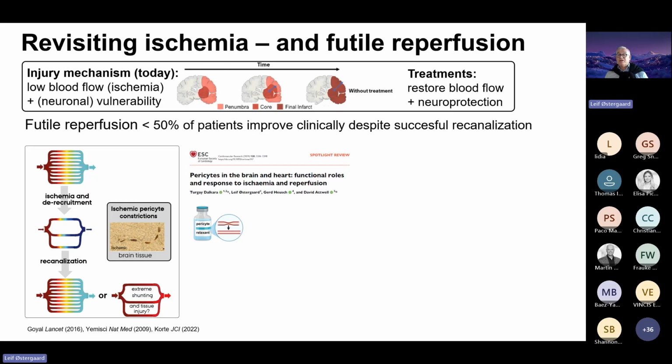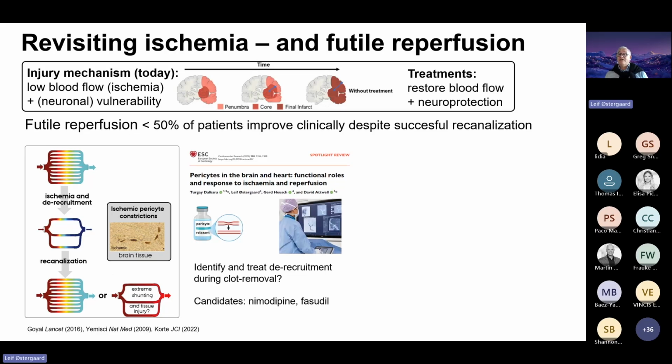But of course, it becomes really interesting: is there medicine? We talked about it, if there's medicine we could give in the ambulance, we could stop this process. But it seems like it's equally important, in relation to restoring blood flow, that we are able to see whether we have restored capillary recruitment, if you will.